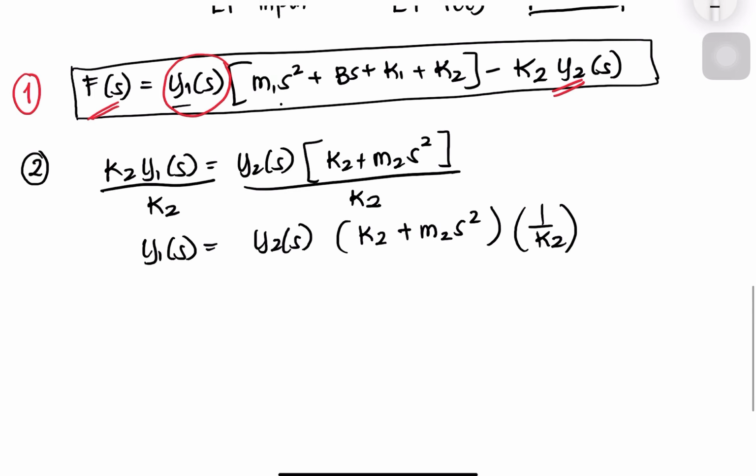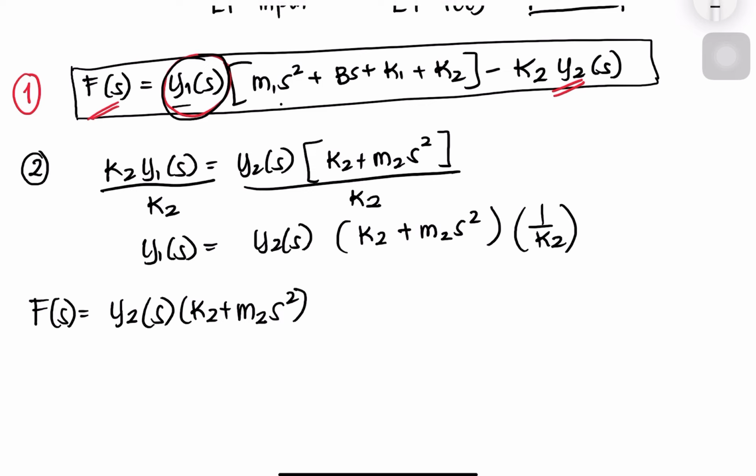We will use this value to substitute for equation 1. So, fs is equal to, what is y1? y1 is y2 of s times k2 plus m2s squared 1 over k2. So, I'll just put it something like this para hindi ma-confuse na s yan.